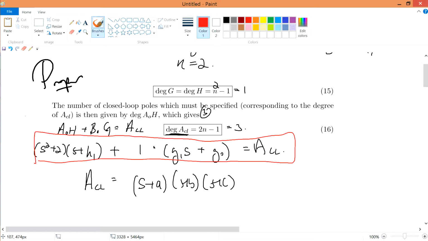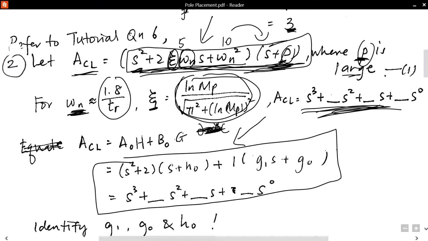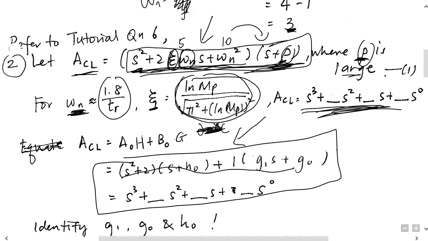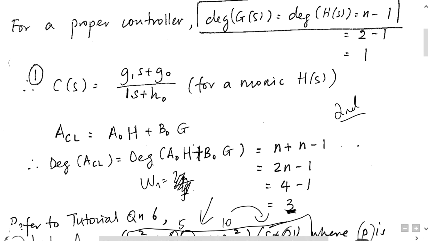If we double check, it is exactly the same thing, s squared plus 2 over here. Once you solve for this thing that we have derived, you have these things over here, which are some g0 or h0. So you compare your values with the values you have found, and then you can simply sub back into your equation, and that's it.